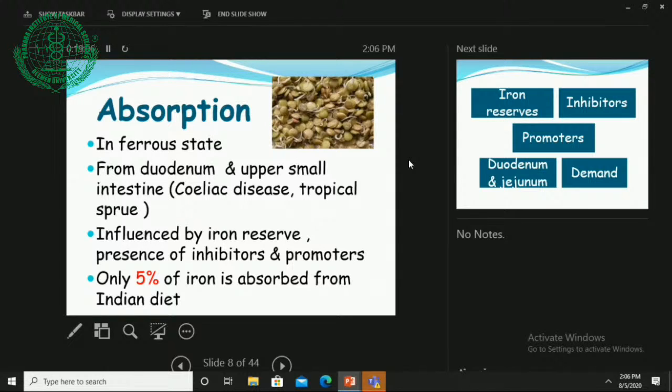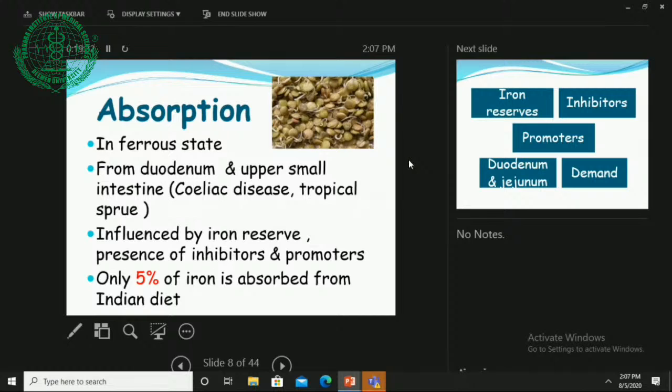And the promoter: vitamin C and the foods which are rich in ascorbic acid promote the absorption of iron. And the last point for absorption, which is very important, is that only 5% of the iron is absorbed from the Indian diet. So to get 5 milligrams, you have to give 100 milligrams. If you give 100 milligrams, then only 5 milligrams will be absorbed.